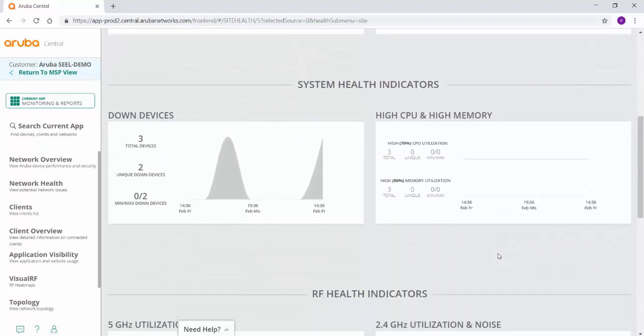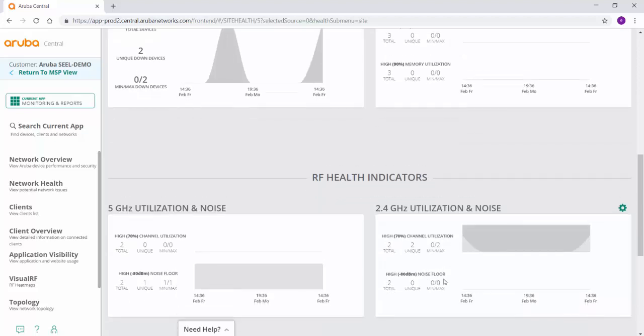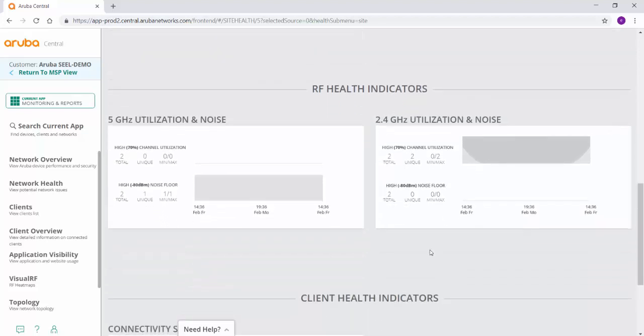So as we can see here, as reflected with the empty circles, we don't have any to worry about, which is extremely reassuring. Looking at the overall health of the infrastructure, what we're seeing is the availability of the hardware and also the health of the hardware from a CPU and memory perspective. Now, the area that we do want to pay a little bit more attention to are the RF health indicators.